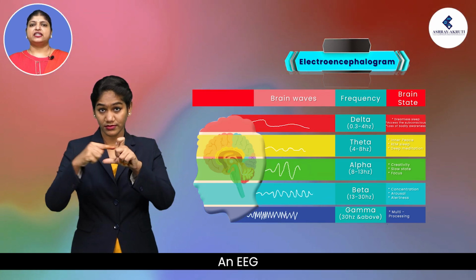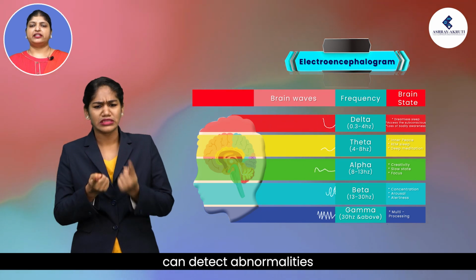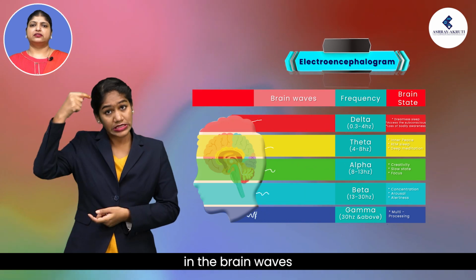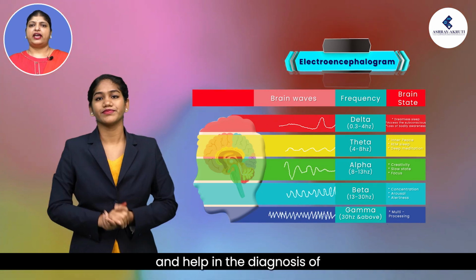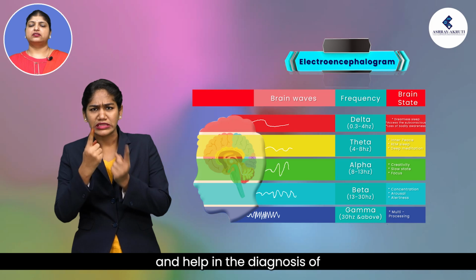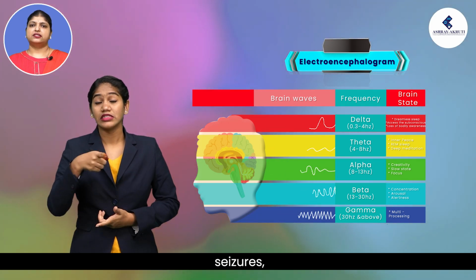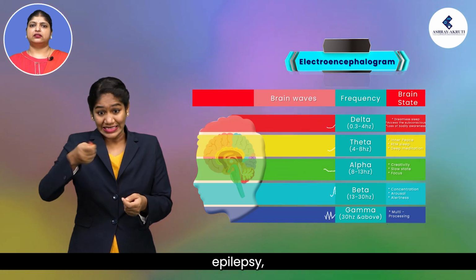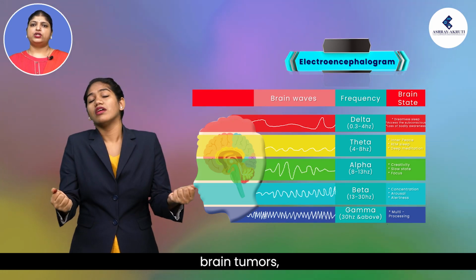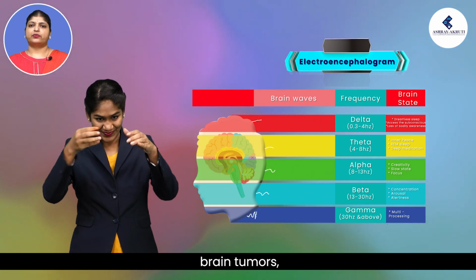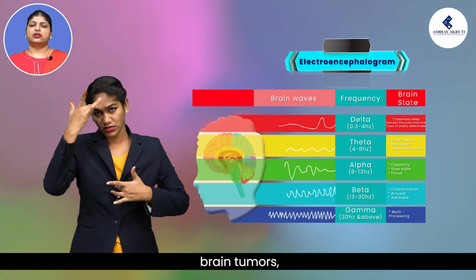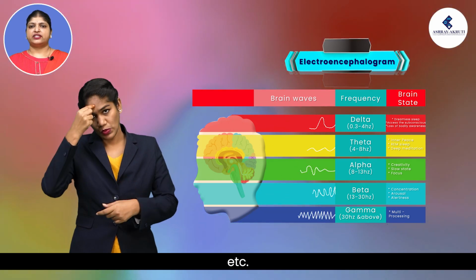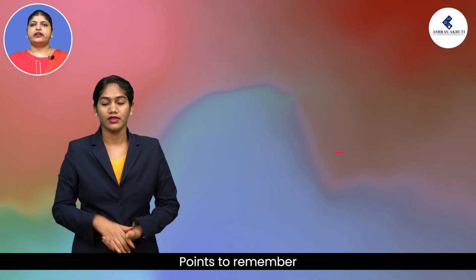An EEG can detect abnormalities in the brain waves and help in the diagnosis of seizures, epilepsy, brain tumors, head injuries, etc. Points to remember.